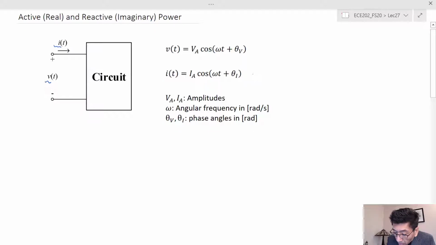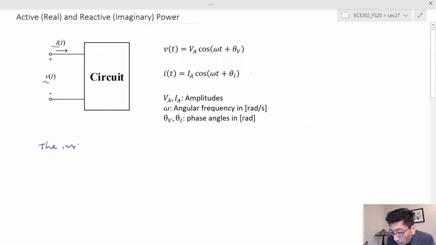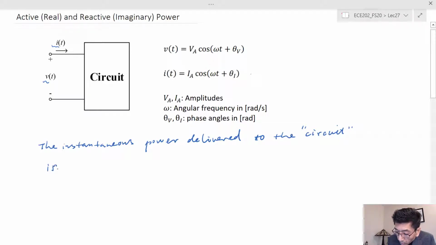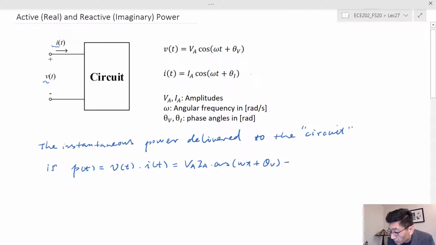The instantaneous power delivered to the circuit, we use a lowercase p(t), is just equal to V times I. If we substitute this in, we get V_A I_A times cosine(omega t plus theta_v) times cosine(omega t plus theta_I).